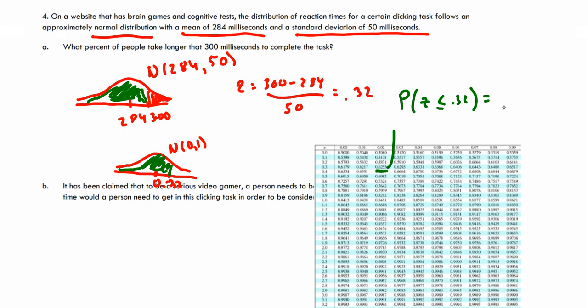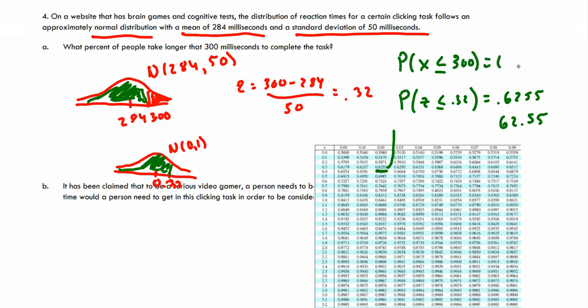The probability would be 0.6255, which gives me a percentage of 62.55. Because I transformed this, the p-value is going to be the same as if I had x. Once again, everything is going to be less than 300, but that is not what I'm looking for.